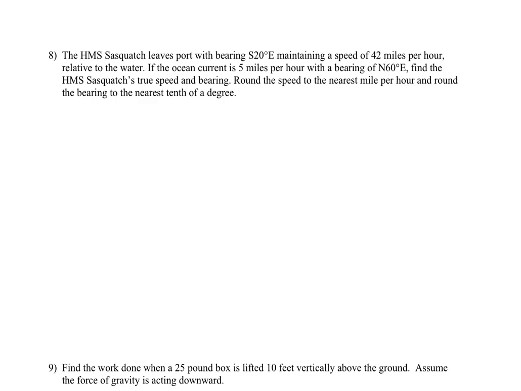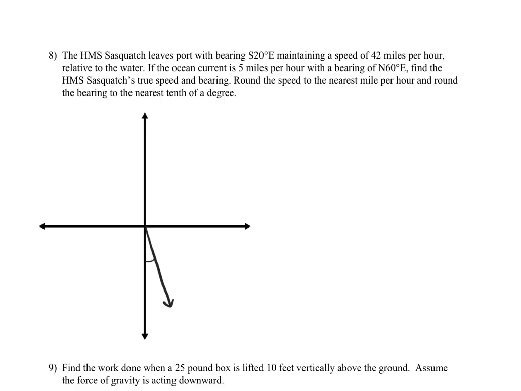So if we were to draw this out, the ship leaves with the initial vector of 20 degrees east of south, and it's a magnitude of 42 miles per hour.